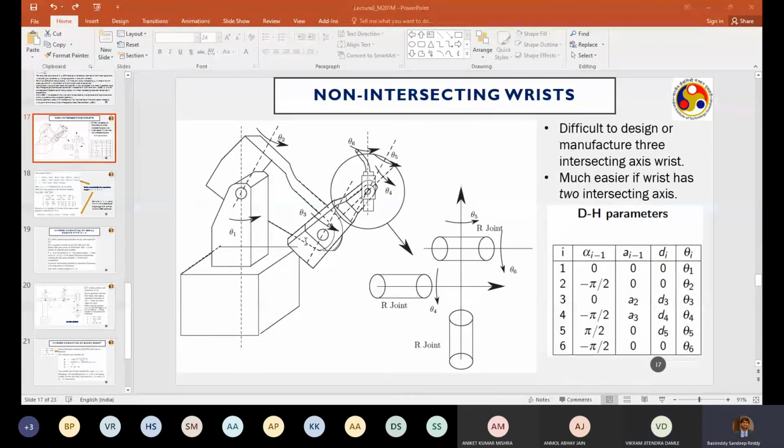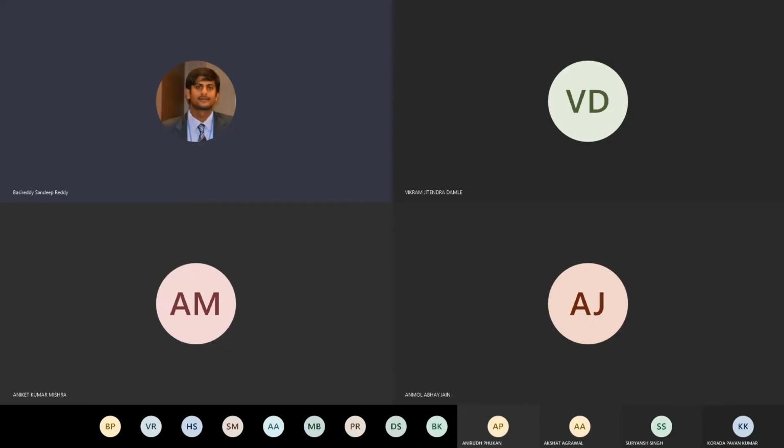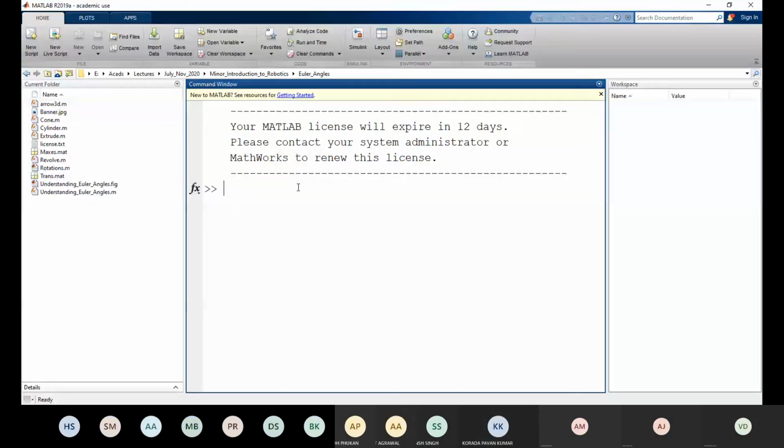Okay, sir. I've just opened MATLAB. I'll just share it with you. Now, as I said, can you all see this MATLAB window? Yes, sir.